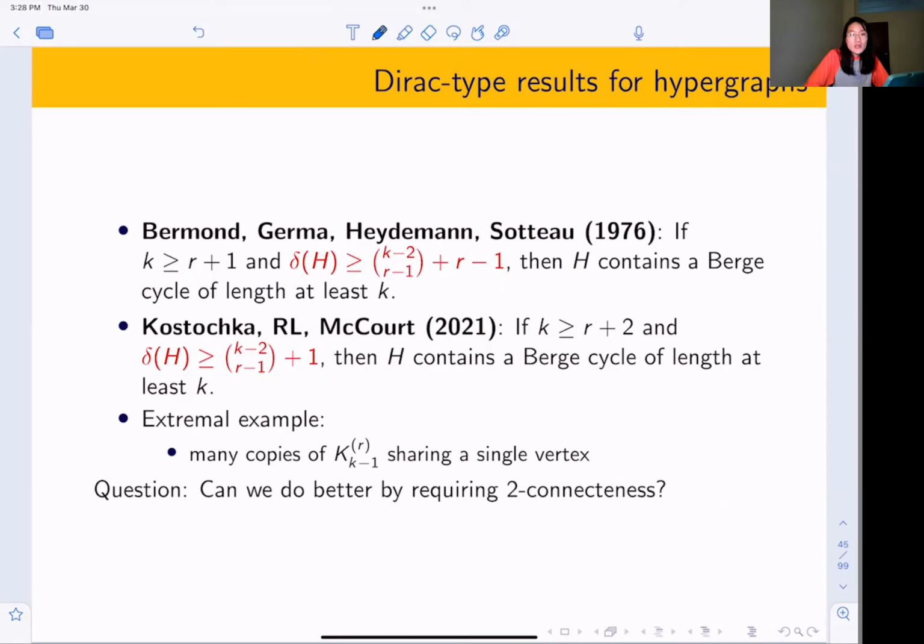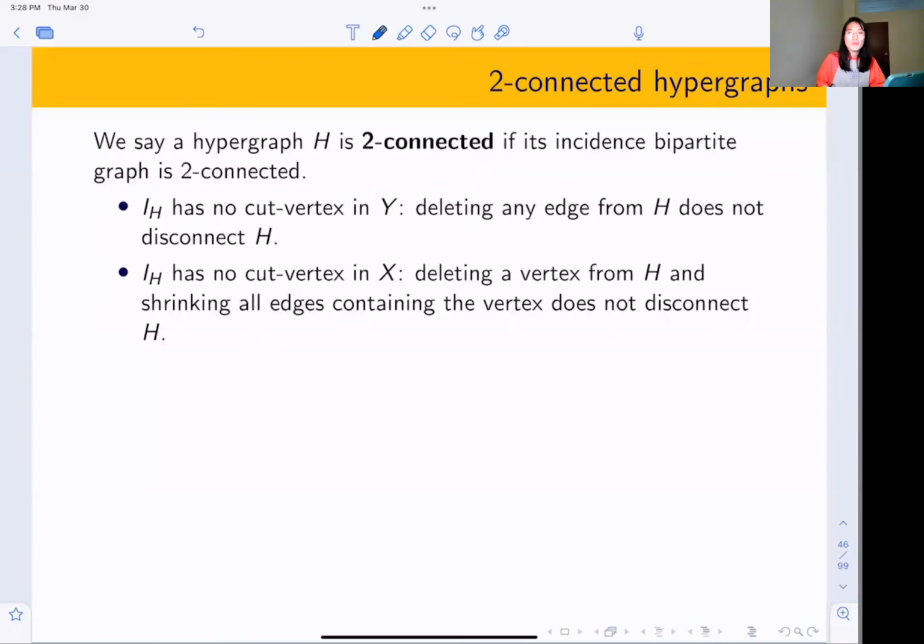So then the question is now, similar to the graph case, can we do better by requiring two-connectedness? And for this, the answer is also yes. But let's first talk about what it means to be a two-connected hypergraph. Okay, we could maybe define it as it doesn't have any cut vertices, but what does that mean? So actually the notion of two-connected that we will use is that the hypergraph is two-connected if and only if I look at the incidence bipartite graph, which is a graph, and this is two-connected.